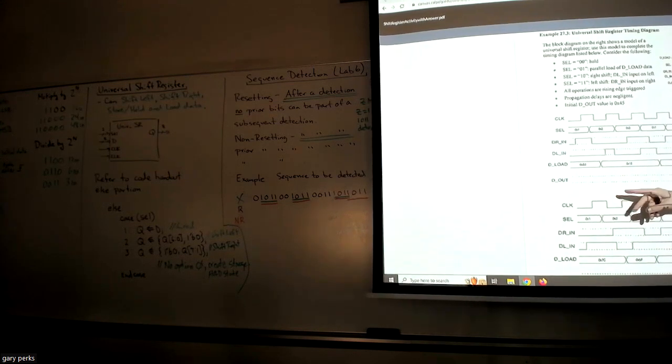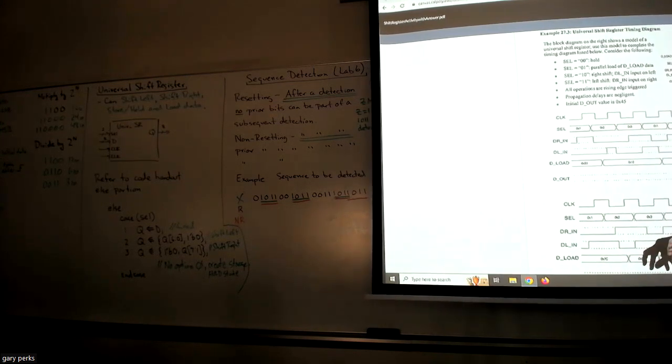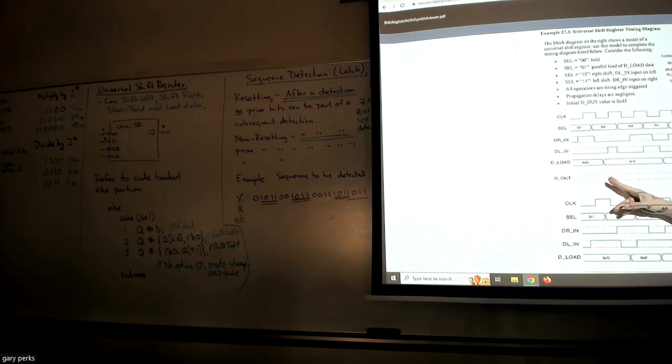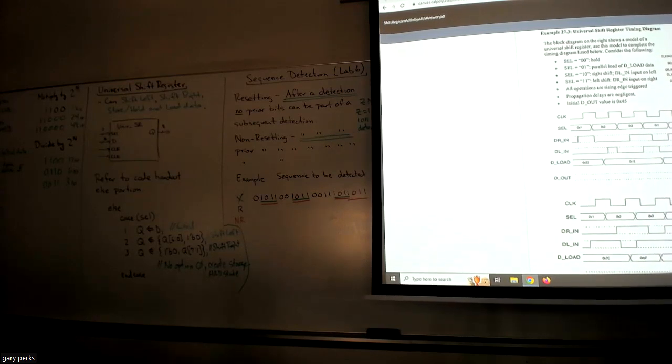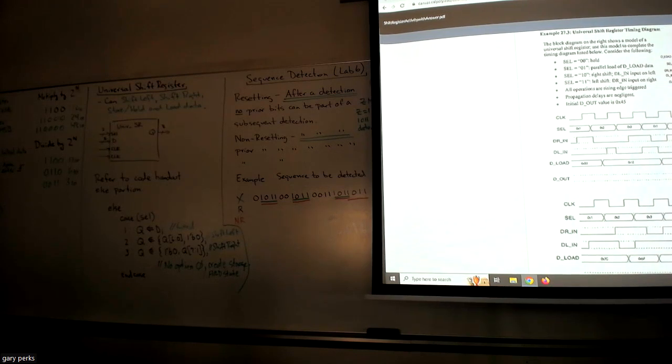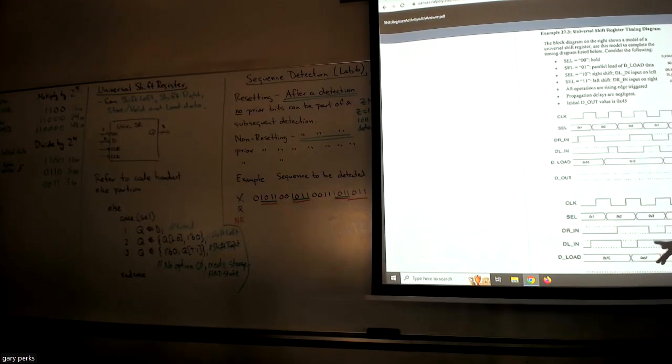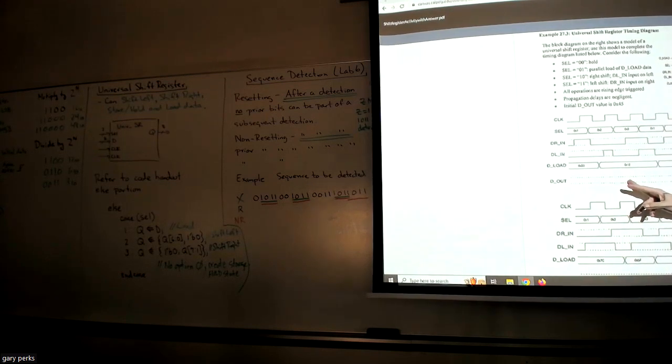Since you're given values in hex, like your initial value 4 5 hex, you should put all your values in hex. What I find the easiest, and I think what most people find the easiest, is to convert that hex to binary, do the shifting in binary, and then convert back to hex to put it on the timing diagram.